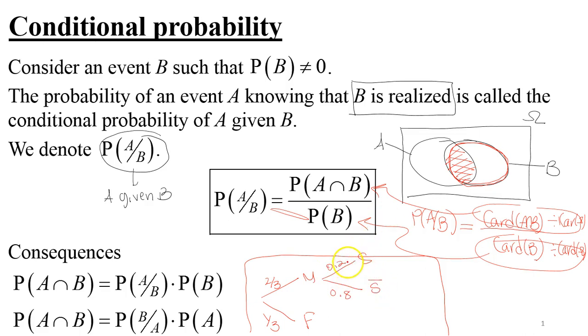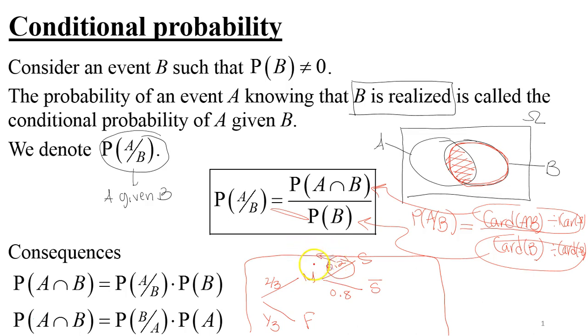Now over here, this 0.2 is in fact the probability of swimming, knowing that we already have a male. So this is where you can find a conditional probability. When you take a percentage out of a percentage, you are referring to a conditional probability.